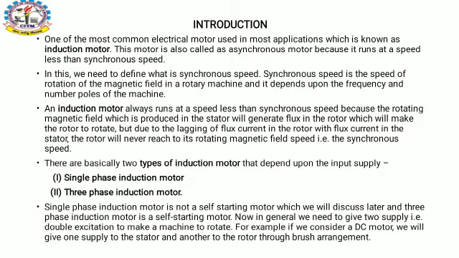Now I'm returning to the topic of the single phase induction motor, which is not self-starting, which we will discuss later, while the three phase induction motor is self-starting. Now in general we need to give two supplies, that means double excitation, to make a machine rotate. For example, consider a DC motor. We give one supply to the stator and another to the rotor through a brush arrangement.